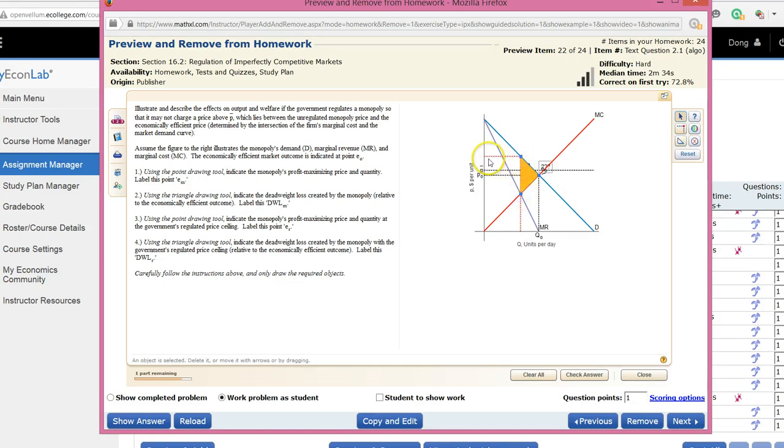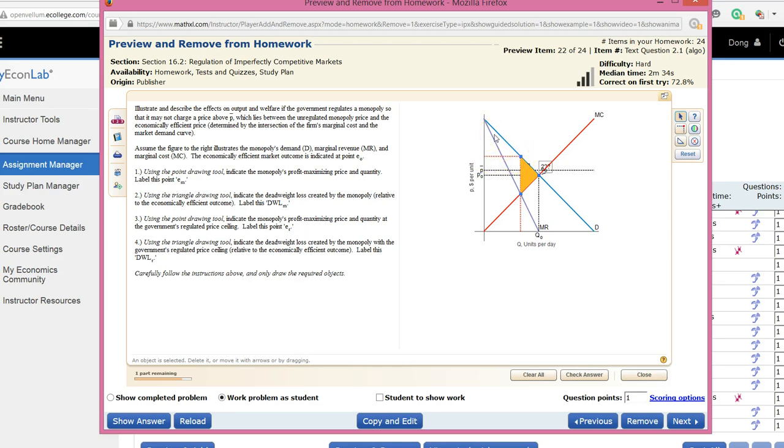The portion of the demand curve above the equilibrium point, this triangle here, is the consumer surplus, because the consumers' willingness to pay is given by the demand, but the price is right here.